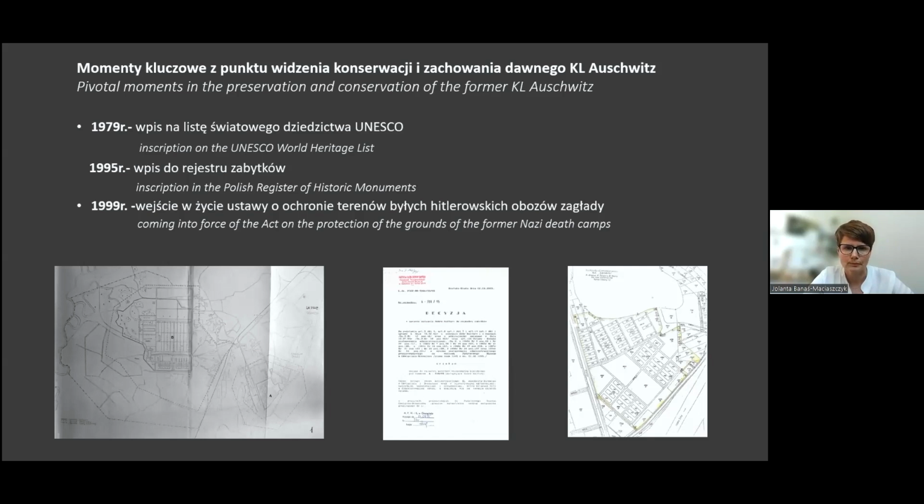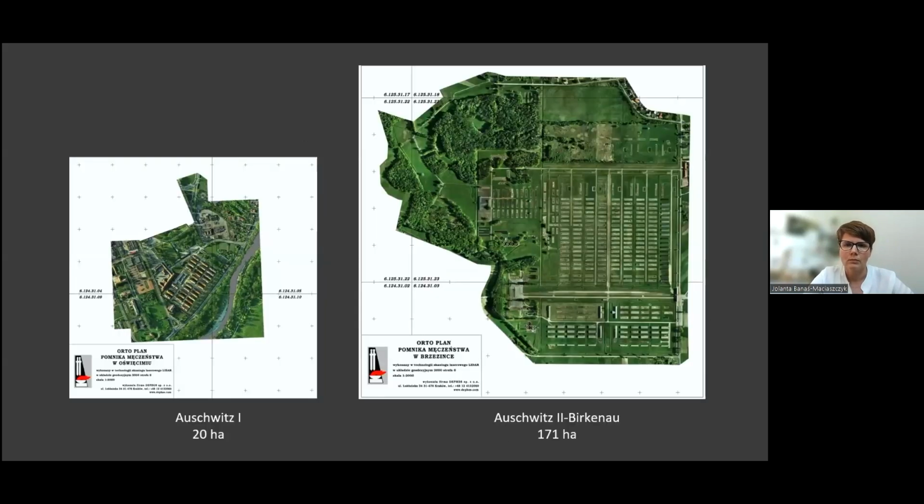The memorial today extends over two parts of the former camp, Auschwitz I and Auschwitz II-Birkenau, altogether covering 197 hectares, while the former Auschwitz I is 20 hectares and former Auschwitz II-Birkenau is 171 hectares.